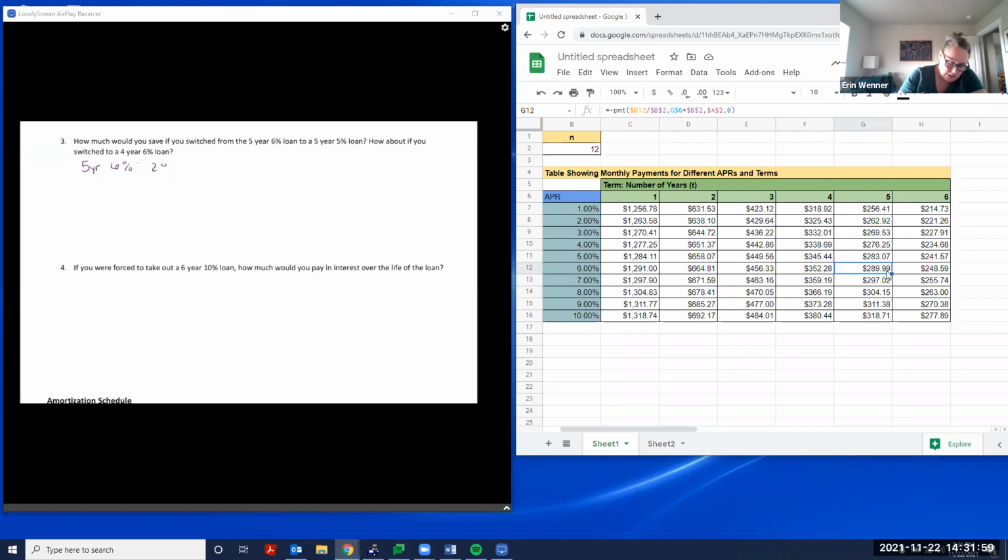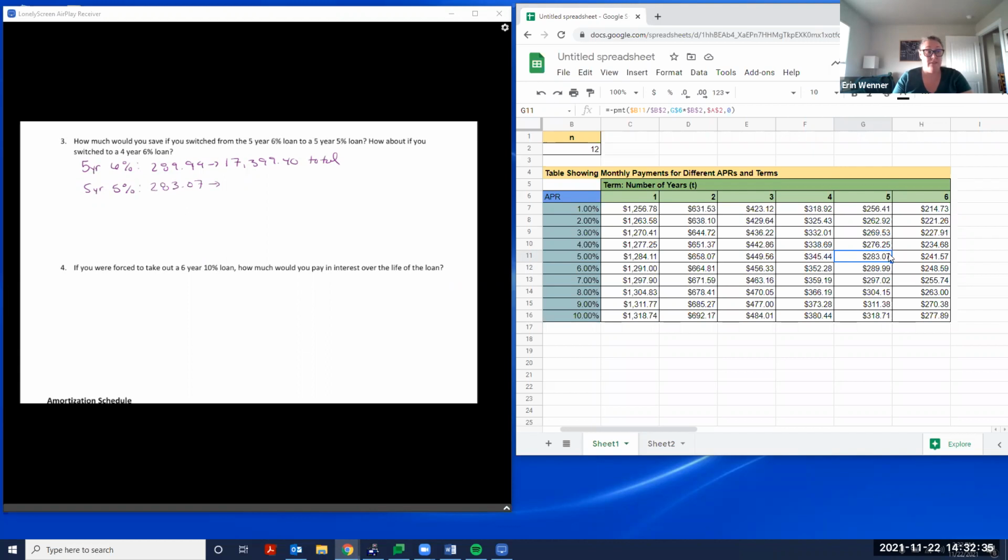We had a payment of $289.99, which gave us a total amount spent of $17,399.40. So 5-year 5% is a payment of $283.07.